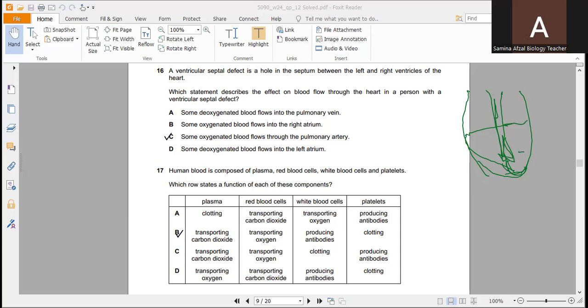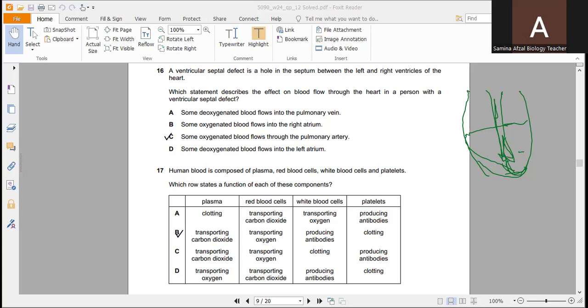So oxygenated blood mixes with the deoxygenated blood in the right ventricle. This mixed blood is then pumped to the lungs. This can lead to inefficient oxygen delivery to the body.